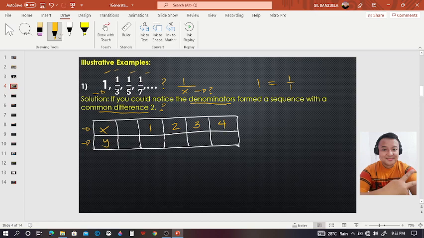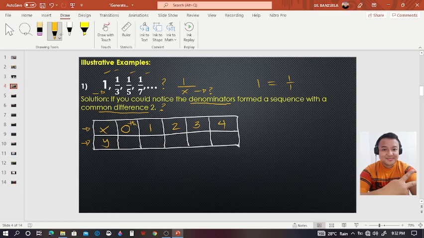Wait, Sir Hil, my question, bakit po we leave one particular box blank? Ayan, that's the technique here, guys. Of course, bago natin isulat yung 1, there is a 0. So, in this particular case, we're going to get the 0th term, and that is the key here to get the rule.